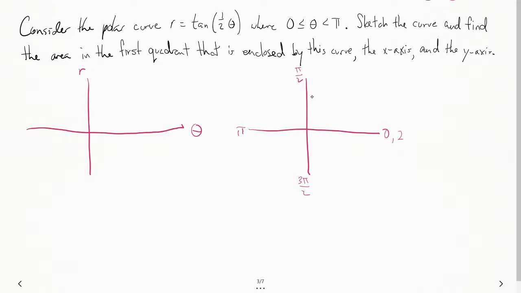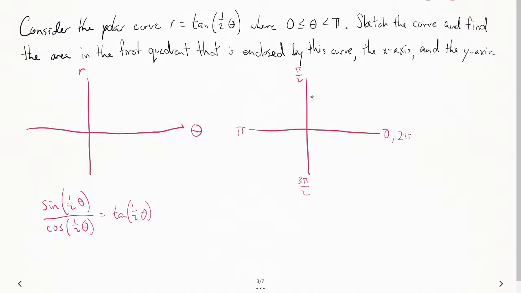So in this case, we're starting at 0, tangent of 1/2 of 0. Well, tangent, if you recall, in case you struggle with that, is sine of 1/2 theta over cosine of 1/2 theta. This is the same thing as tangent of 1/2 theta.